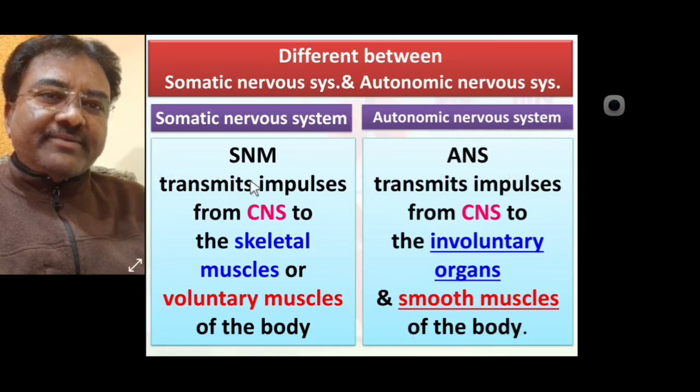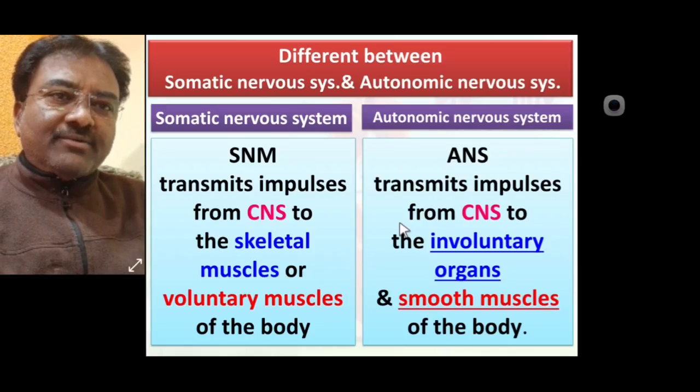So this is the difference. No doubt, both transmit impulses from the CNS, but in the somatic nervous system transmission is to skeletal or voluntary muscles, and in the autonomic nervous system transmission is to involuntary organs and smooth muscles of the body. This is the main difference.